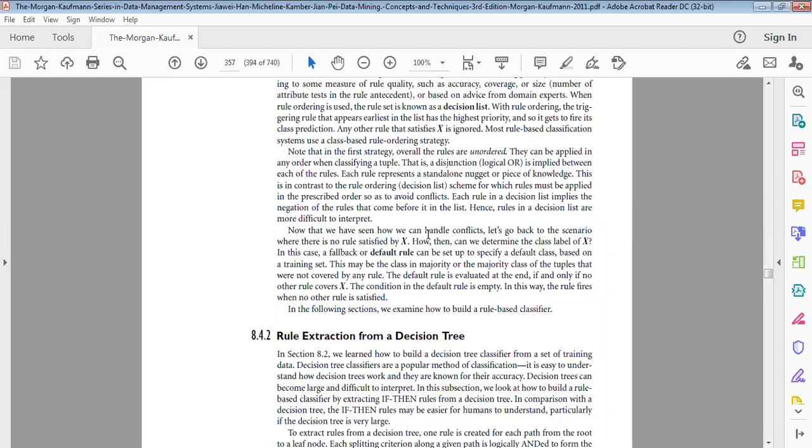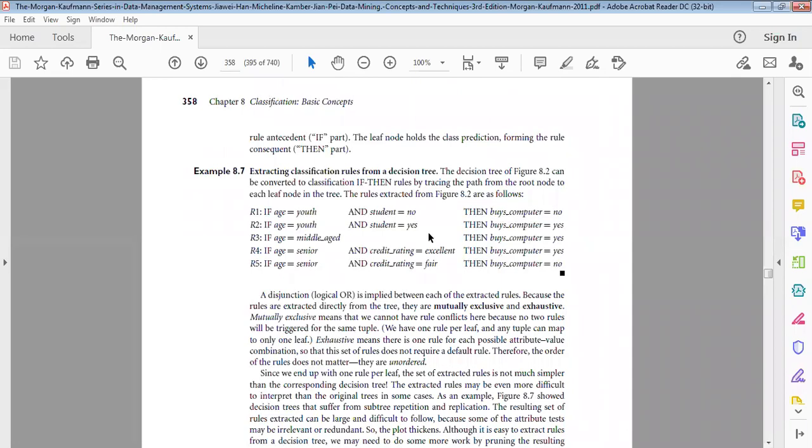This is rule extraction from the decision tree. If-then rules: if the age is youth and student is no, then he buys the computer no. If the age is youth and the student is yes, they buy the computer yes. If the age is middle-aged, then you buy the computer yes. If the age is senior and credit rating is excellent, you want to buy the computer.